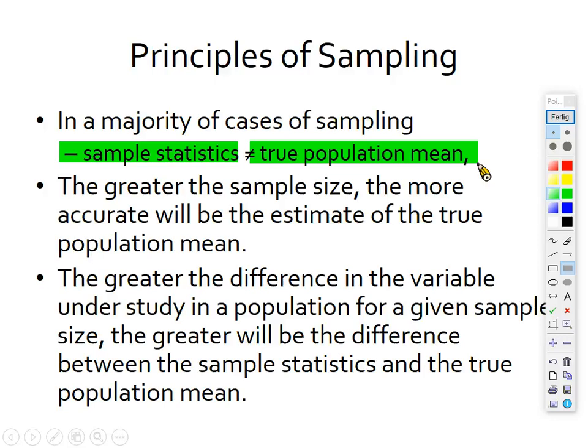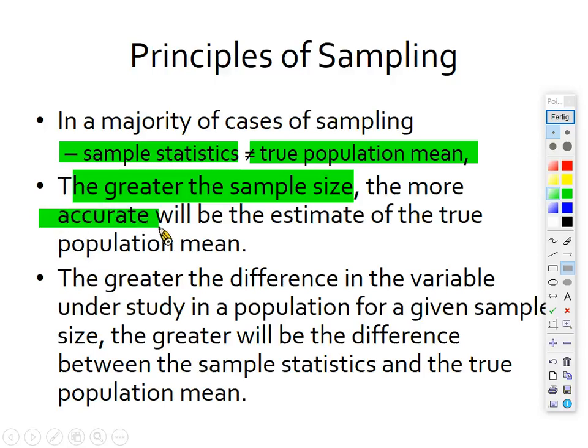So basically, how can we make sure that the estimation of the population parameter is as precise, as close as possible? Basically, there are some rules. The greater the sample size, the more accurate our estimate will become.